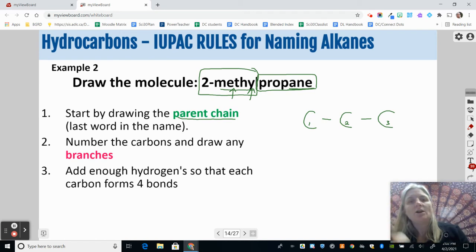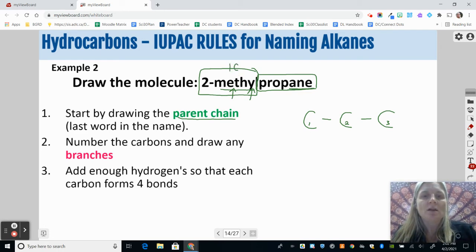So I have a 1-carbon chain, and it is on carbon 2. Carbon number 2. The number always tells you where, and the name tells you what it is. So you've got a methyl group, which is just a 1-carbon chain on carbon number 2.